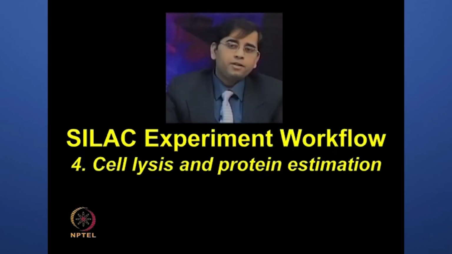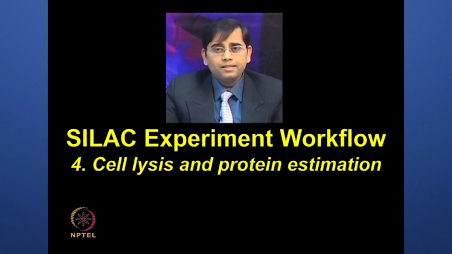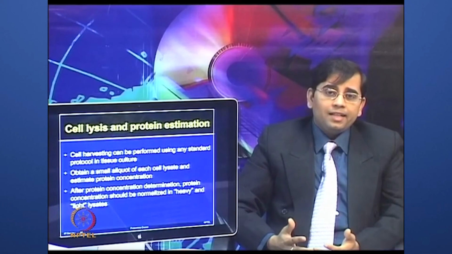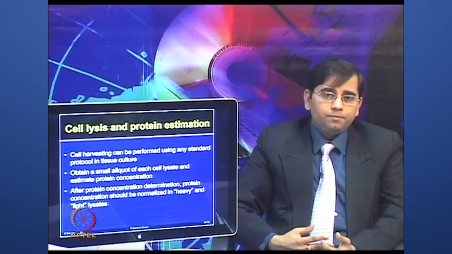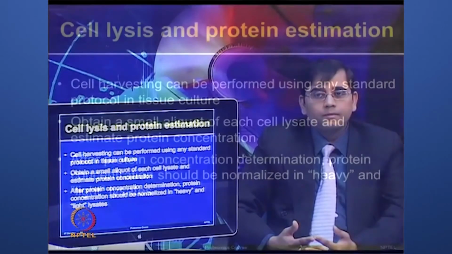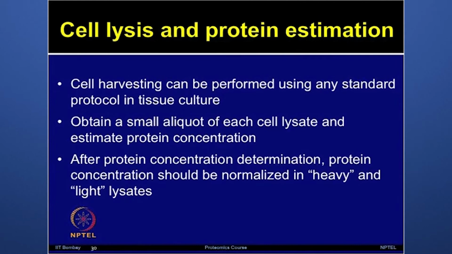In the SILAC experimental workflow, let us discuss the fourth point, cell lysis and protein estimation. So, once the cells have incorporated the labels, these cells can be harvested by using any standard protocols which one uses in tissue culture. One needs to obtain a small aliquot of each cell lysate and estimate protein quantification.